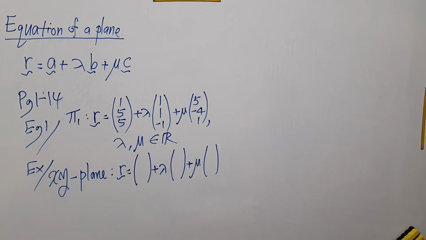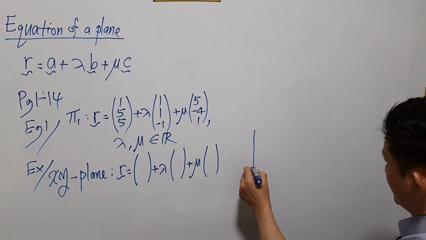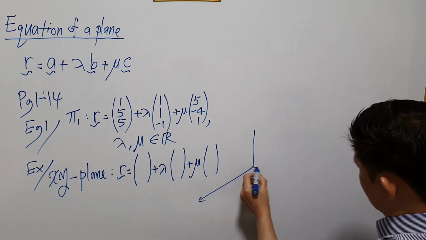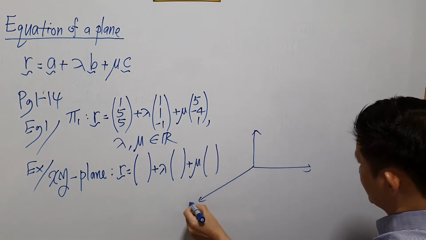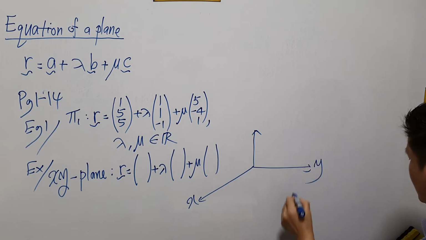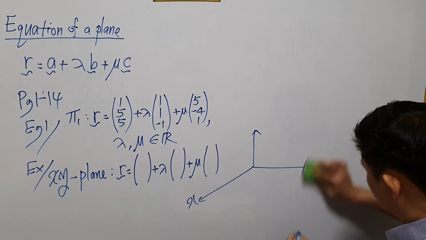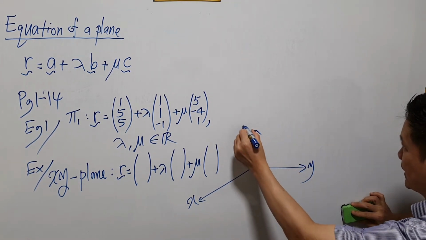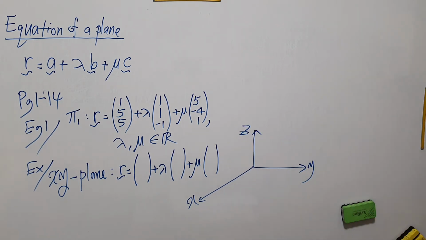Can you give me an example of a point on the xy plane? How does the xy plane look? If this is the x, y, and z axis, this x, this y, and this is the z axis. Tell me, where is your xy plane?